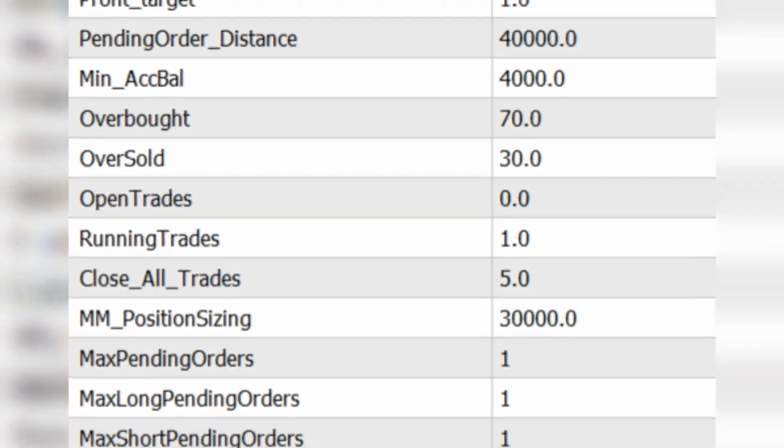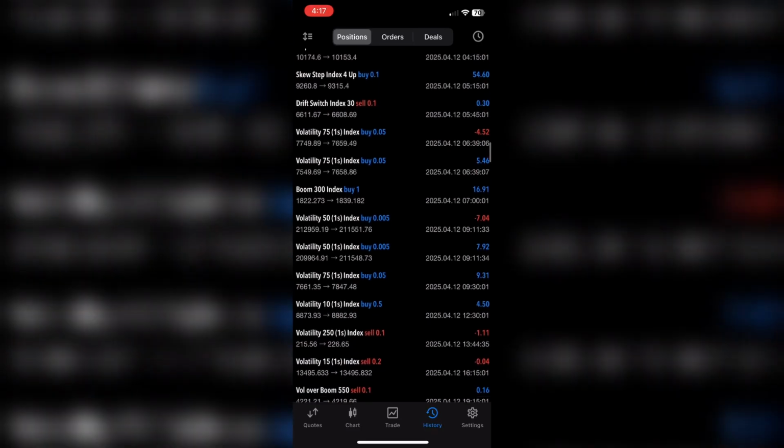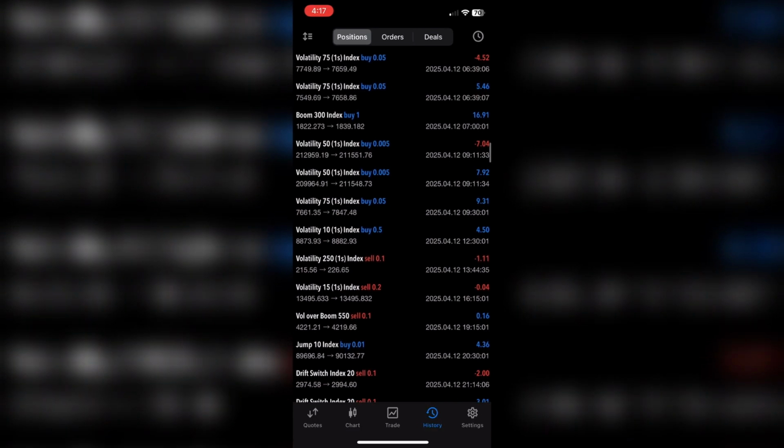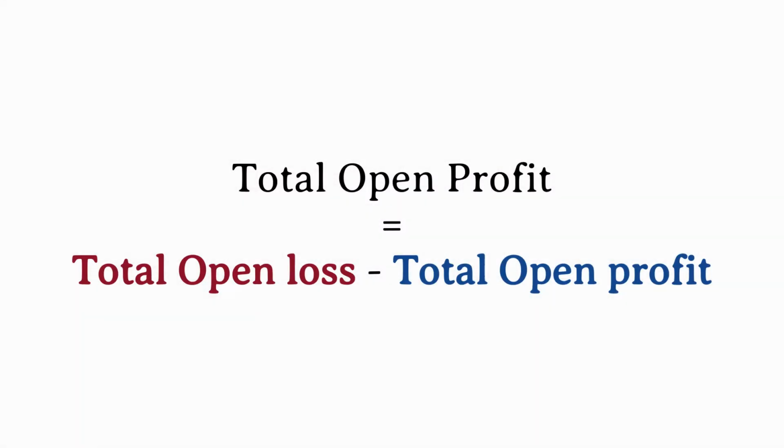The average grid trading software would open trades non-stop regardless of how far the market price has moved away from its initially opened position. That's because those robots are designed to hold the trade until the market reverses and the total open profit is on the positive side.